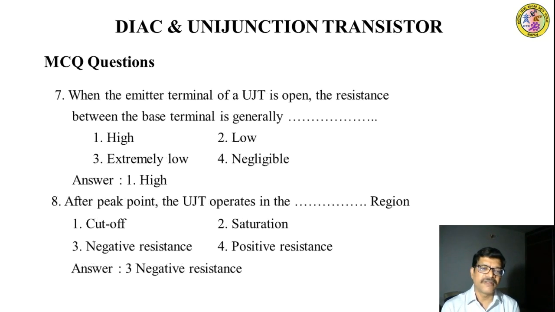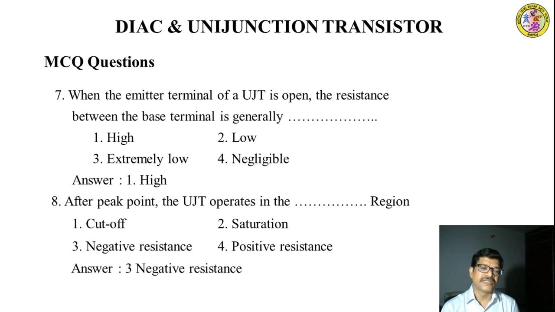Question number 7. When the emitter terminal of a UJT is open, the resistance between the base terminals is generally high, low, extremely low or negligible. The answer is high.